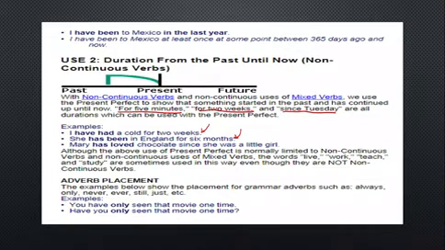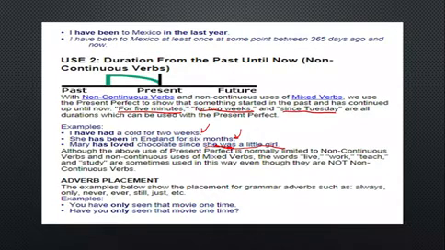Mary has loved chocolate since she was a little girl. Mary ha amado el chocolate desde que ella era niña, desde que ella era una niña.